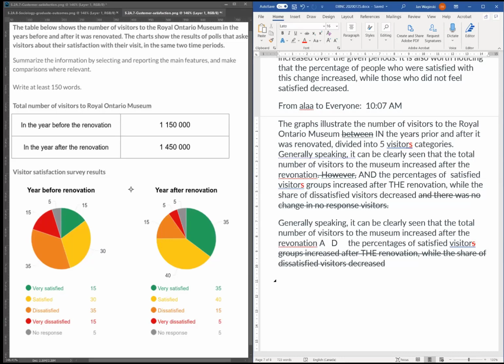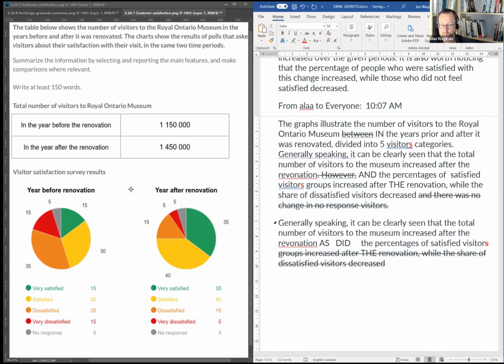After the elimination, the first one was "as", "did": as did the percentages of satisfied visitors.